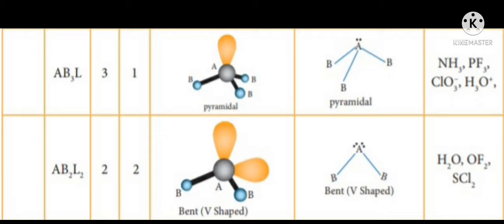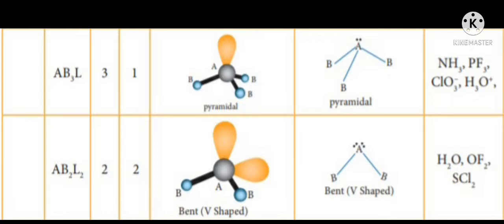Here, the molecule with the formula AB3L. It contains 3 bond pair electrons and 1 lone pair electron. This molecule contains 3 AB bonds and 1 lone pair electron on the central atom A. Due to the presence of 1 lone pair electron, the shape of the AB3L molecule is pyramidal.